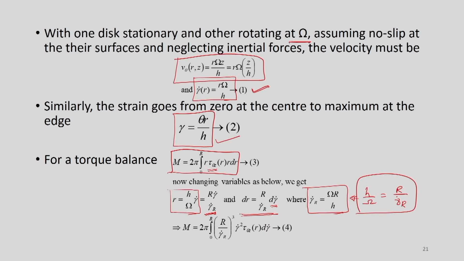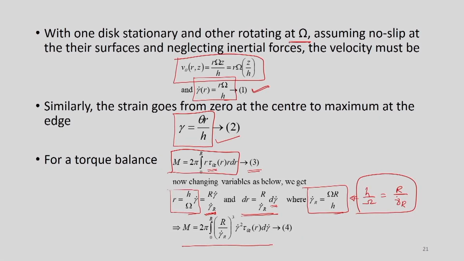Now you substitute these r and dr expressions in equation 3, and you get a new expression: M equals 2 pi integral from 0 to gamma dot R of capital R by gamma dot R whole cube, gamma dot squared tau theta z d gamma dot. Rearranging, take R cubed and 2 pi to the left-hand side: M gamma dot R cubed by 2 pi R cubed equals integral gamma dot squared tau theta z d gamma dot.